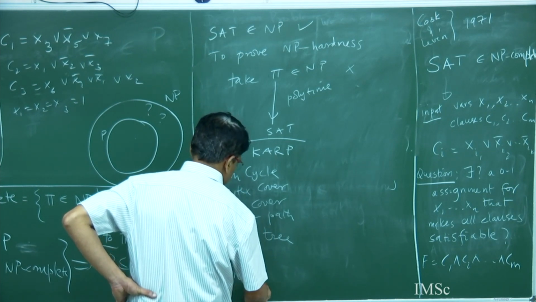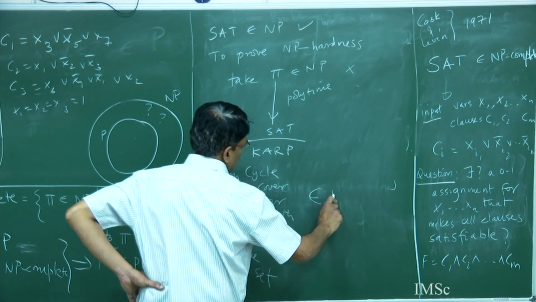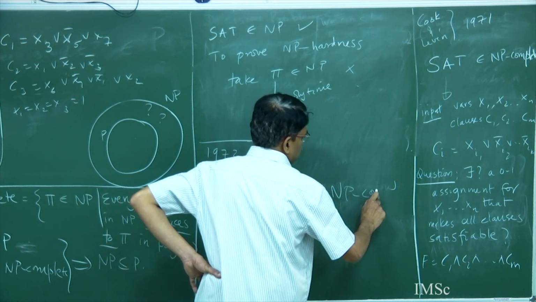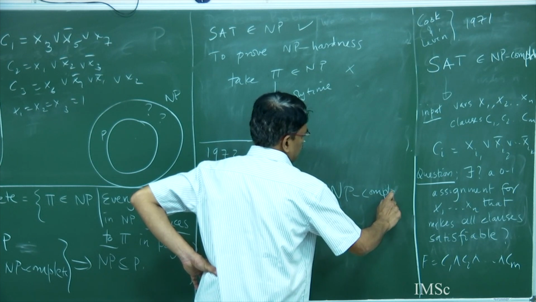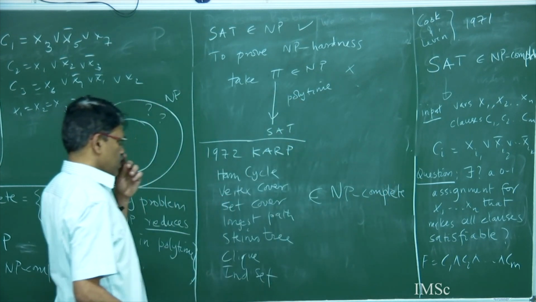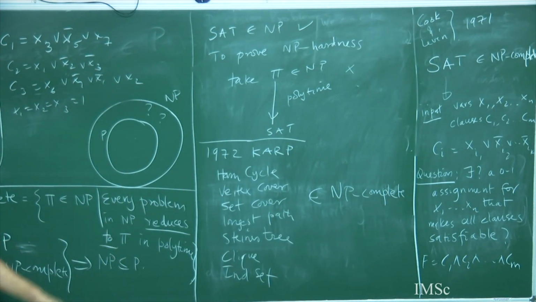Here is a sample of such problems, and he showed them all NP complete. And we will see some of them in today's and tomorrow's lectures, or next Friday's lecture.